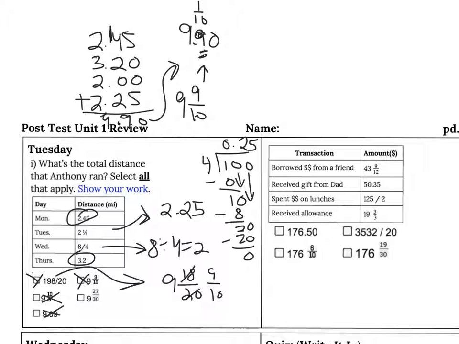Last but not least, 27/30. If we simplify that, we can divide by a common factor 3, and you can get 9/10 again. So 9 and 27/30 is also 9 and 9/10. So the only one that doesn't work, we have 2 that don't work. I'm going to put those in the box. These don't work. The rest of them do.